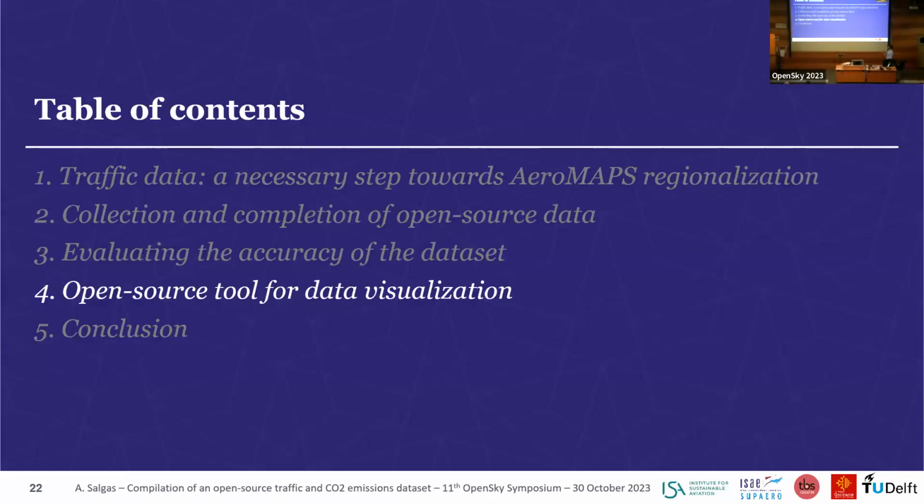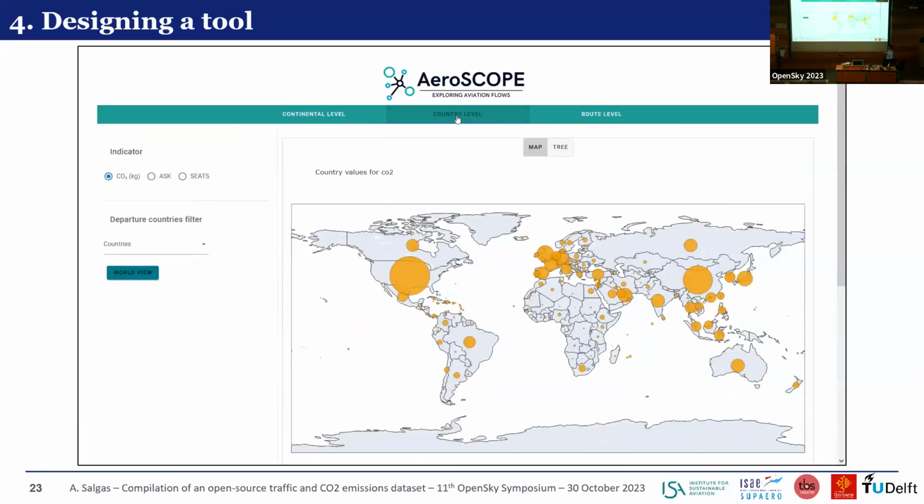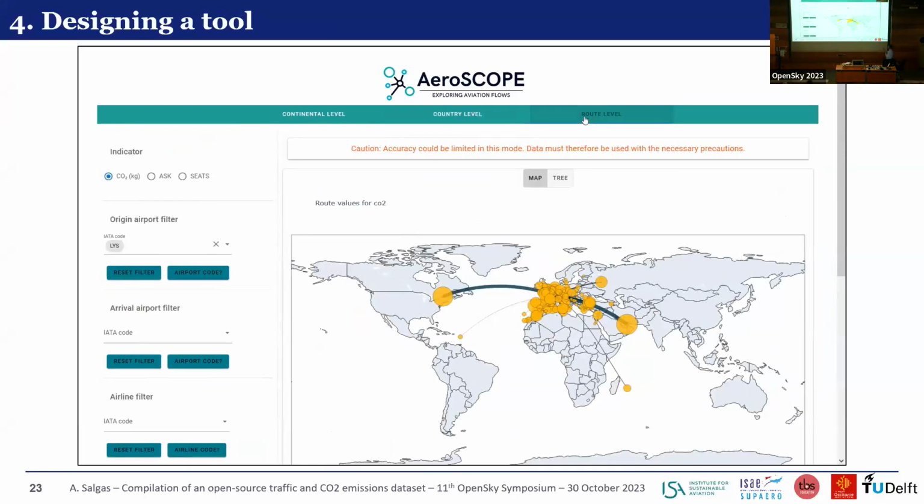Now, we wanted to capitalize on this open source dataset to create an open source tool that allows everyone to look at the different flows of emissions or ASK in the world. And that's what we've done. You can see this tool, which is open source, and you can analyze at different levels: continental level, country level, or route level, even if it's not really the core use case.